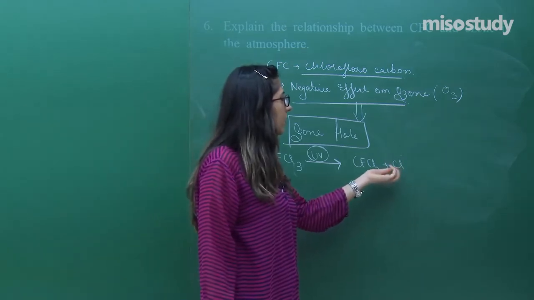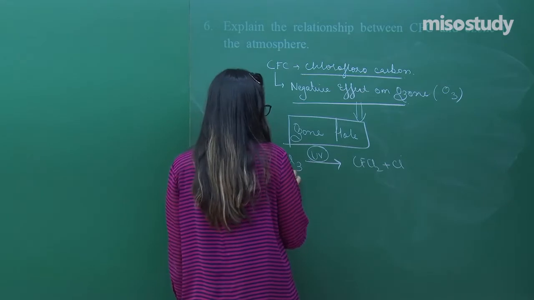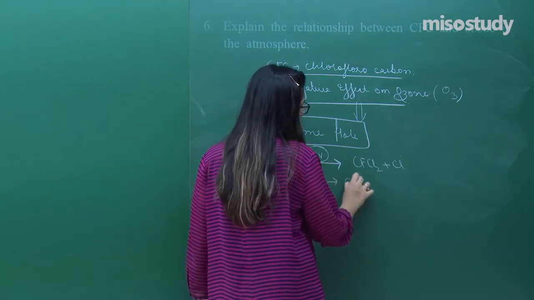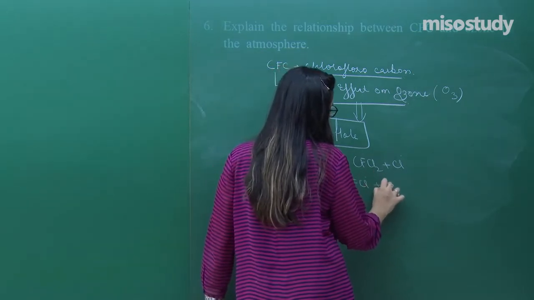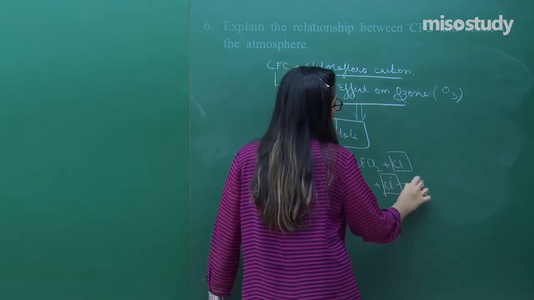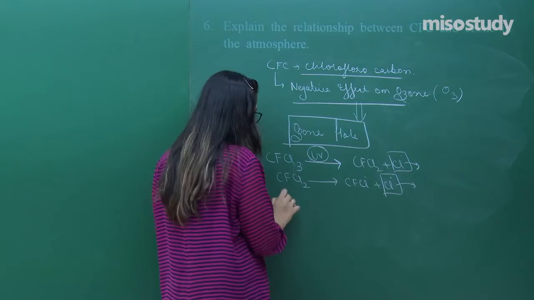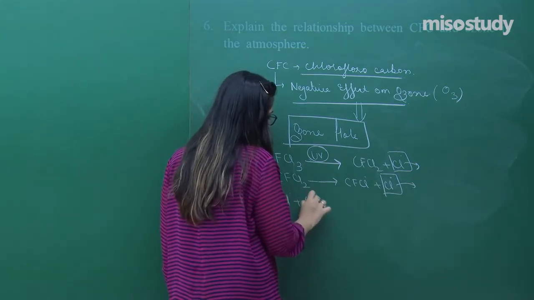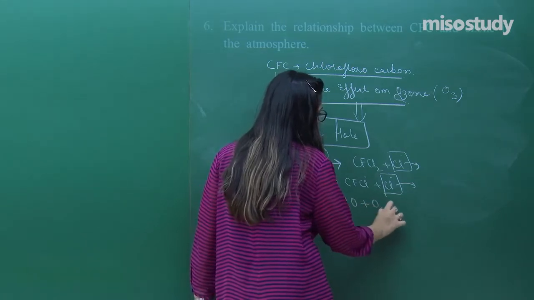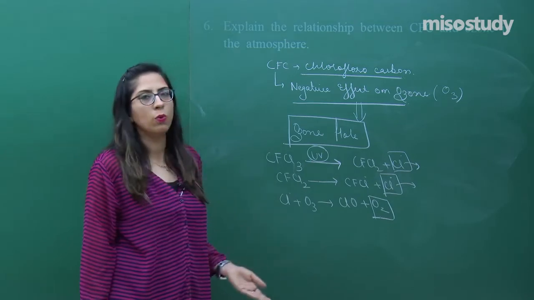Nascent chlorine is also produced, and similarly large amounts of chlorine will be produced. These chlorines act on the ozone. They release molecular oxygen. So they cause an ozone hole.